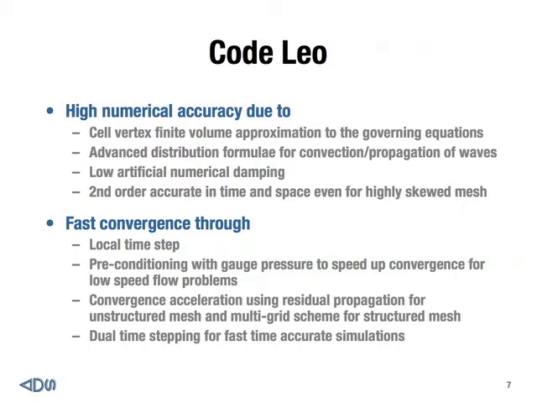Then there's convergence acceleration. We use the pretty common practice of local time step. And we use preconditioning with gauge pressure, so it assures us to go to very low Mach number with accuracy. On top of it, we have two convergence acceleration procedures. One is for multi-block structured mesh, another used for the unstructured mesh.